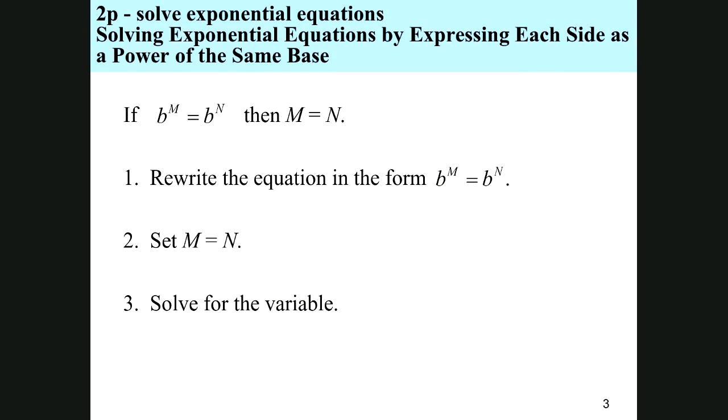If the bases are the same, the only way this equation can be true is if the exponents are the same. And so we can simply set the exponents equal to each other and then solve for the variable. Keep in mind that the problem we're encountering with these is that our variable is in the exponent. That's what makes it an exponential equation in the first place.